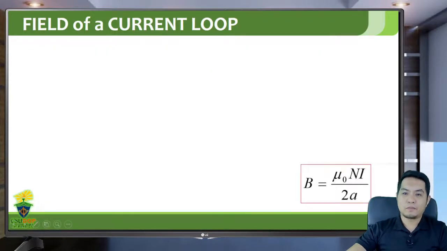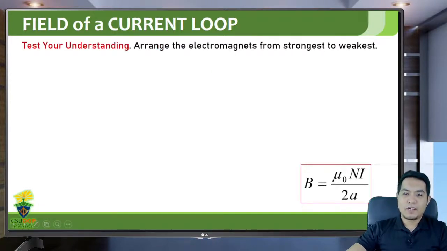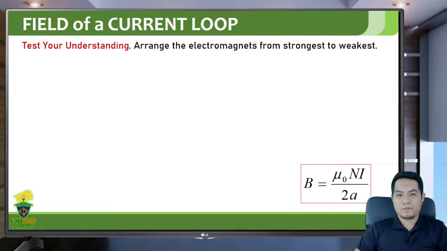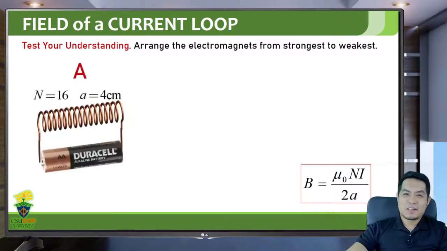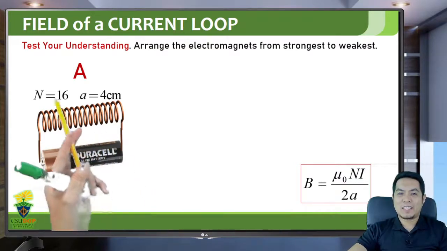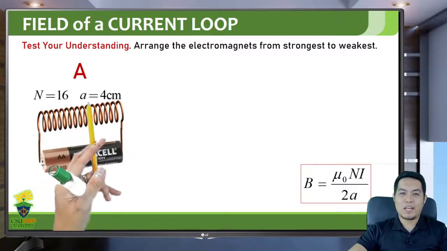Okay, so let's test your understanding. In our case, we'll only consider the magnetic field at the center of N loops of a current loop. Arrange the electromagnets from strongest to weakest. Electromagnet A is connected to an AA battery. It has 16 windings or 16 loops, and the radius is 4 centimeters.